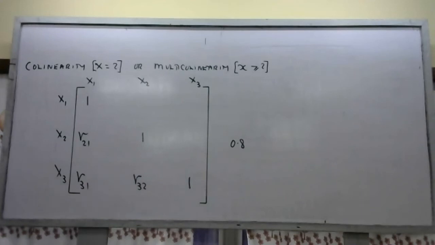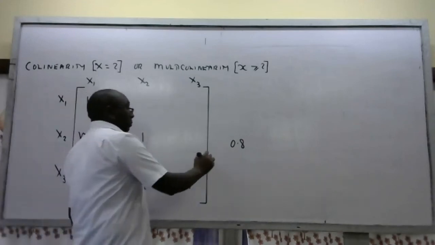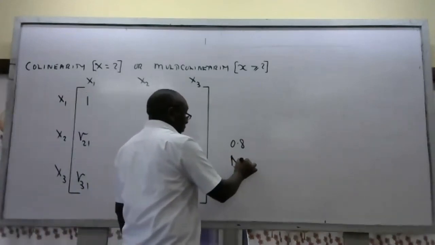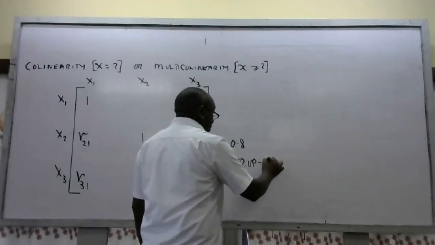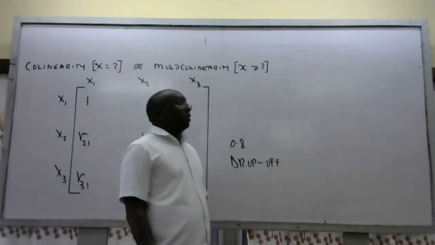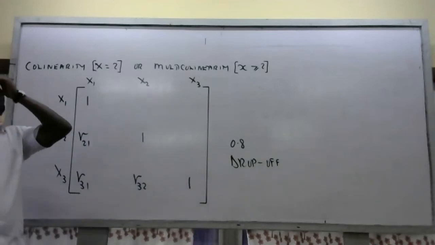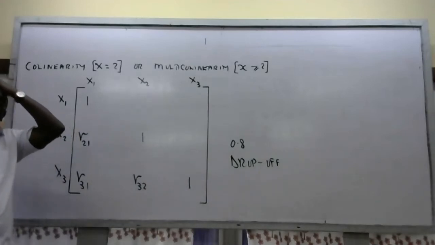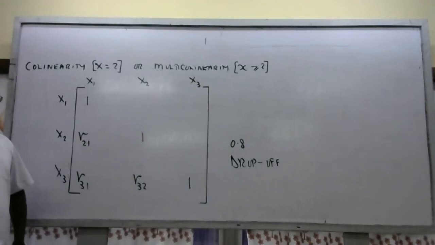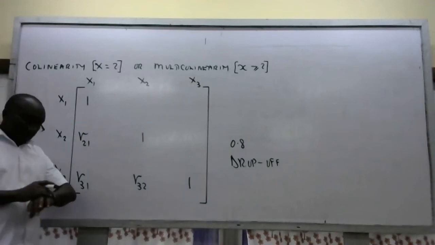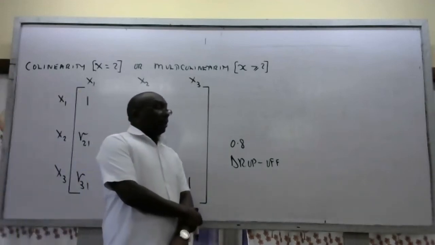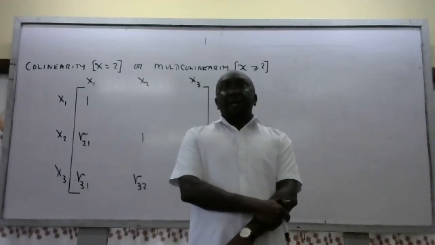Then we write that the remedy is to drop off one of the independent variables.